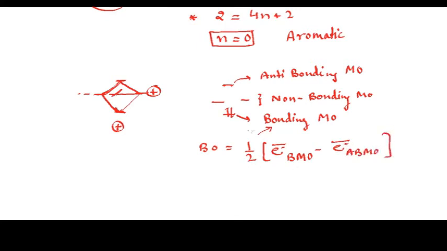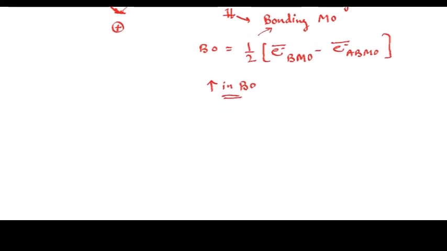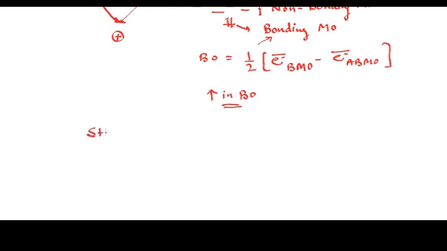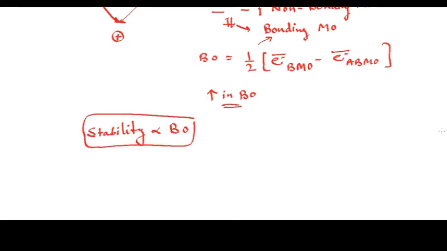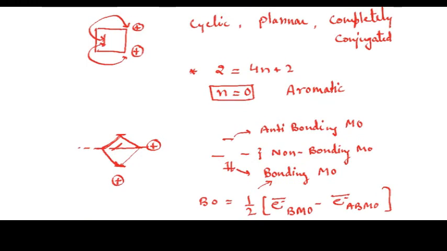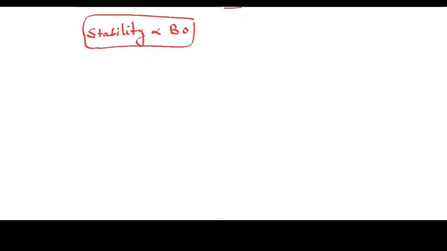And since in this case the electrons are only in the bonding molecular orbitals, that leads to an increase in bond order, which leads to an increase in stability, because stability is directly proportional to bond order. So this is the reason why aromatic molecules are more stable due to resonance. So I hope you are able to understand this.